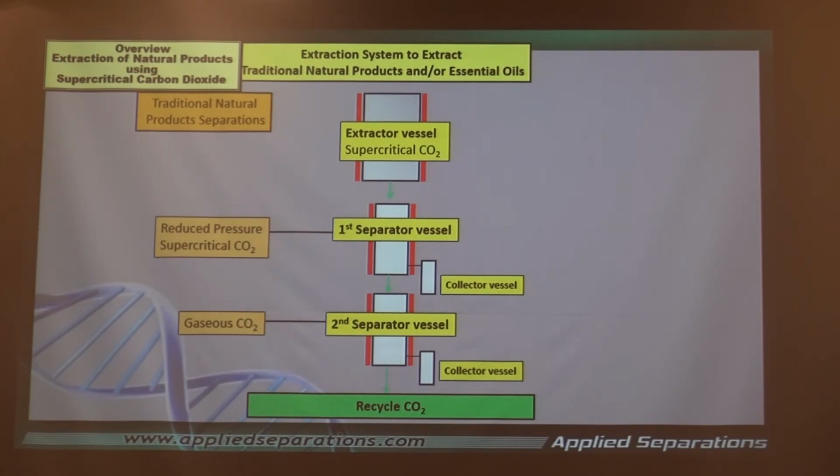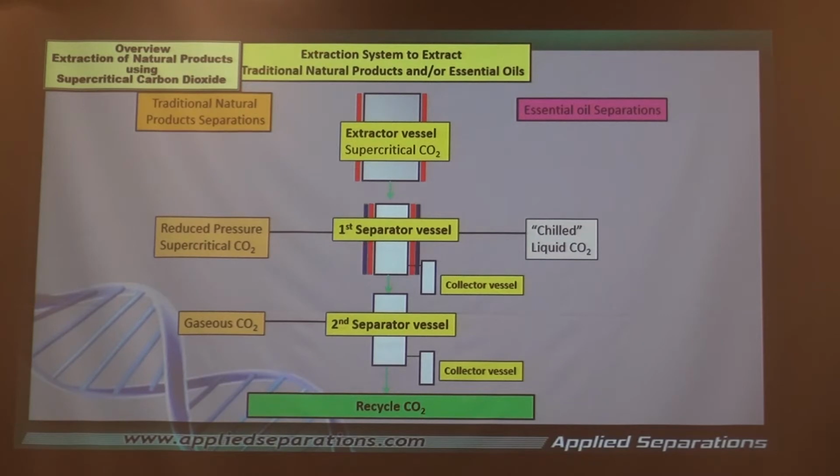When we do essential oils, the big change is, instead of heating this separator, we're chilling it. Now we get liquid CO2 and then gaseous CO2 for the essential oils to fall out.